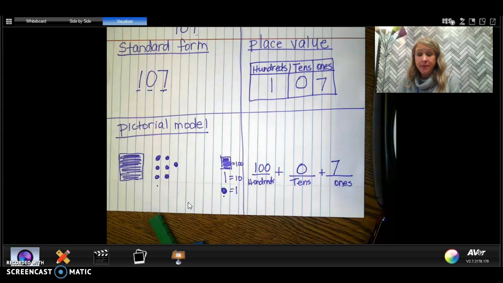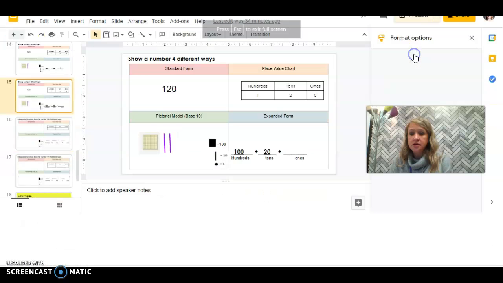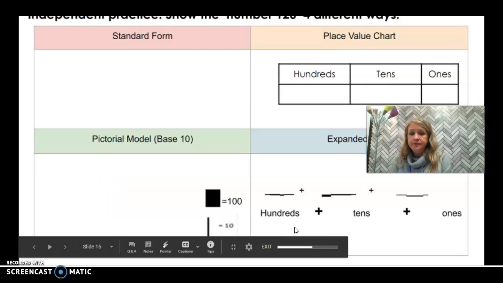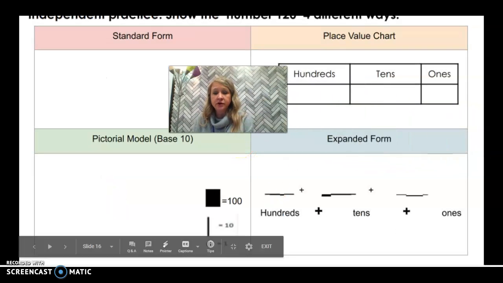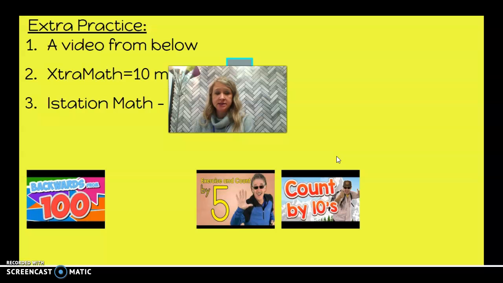So you will do the same thing in your Google Drive, on the Google Slides. You're going to use the pen to show the number 120 in 4 different ways. And then you're going to use the pen to show the number 110 4 different ways.